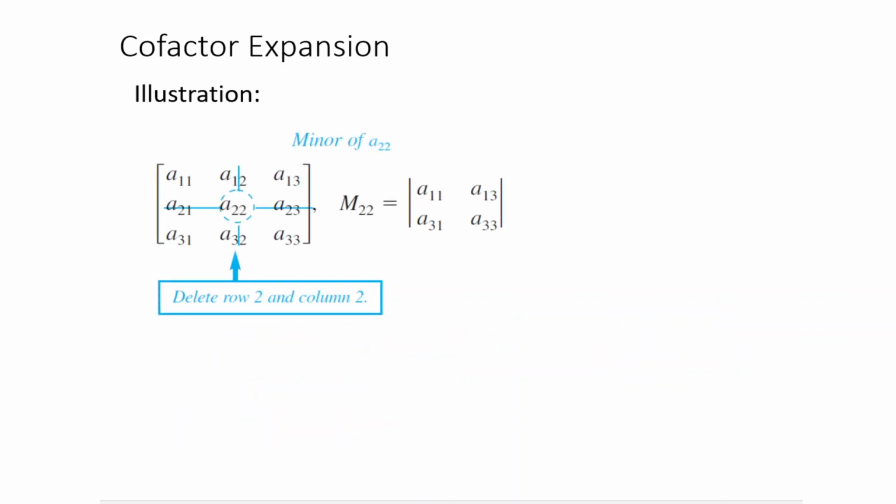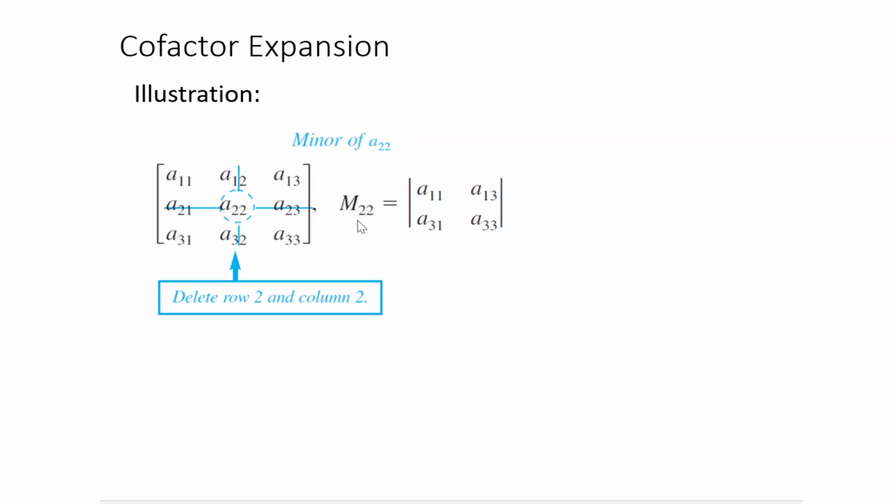Another example is the minor of A sub 22. Again, this means that we are on second row and second column. So we delete row 2 and column 2 of the given matrix. And then we get the determinant of the remaining entries, or the matrix containing these entries.